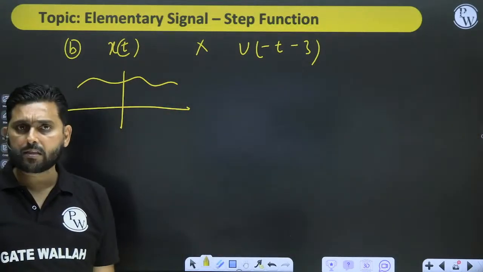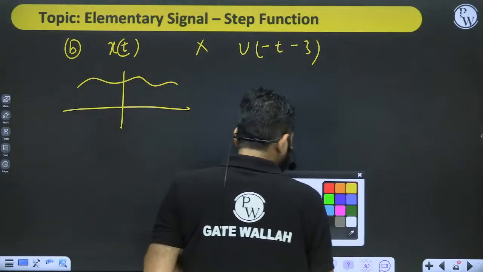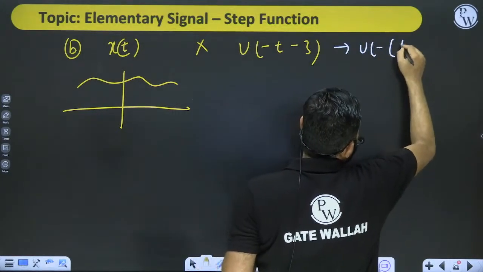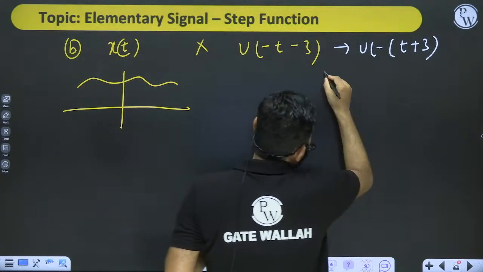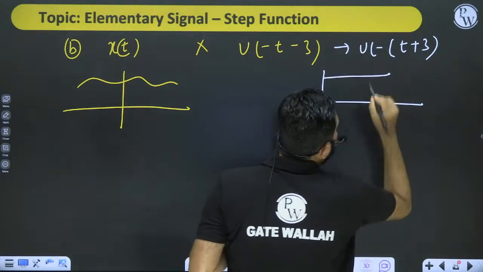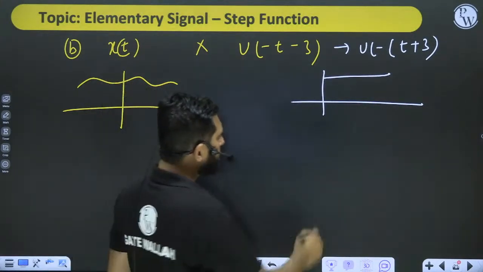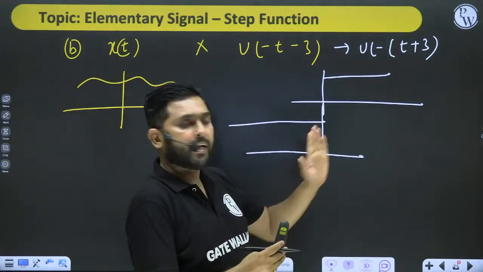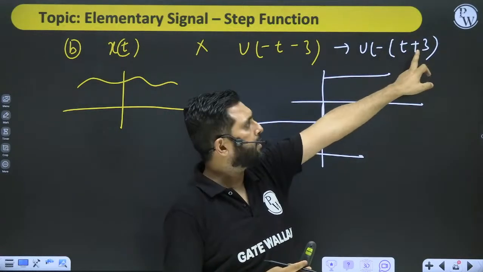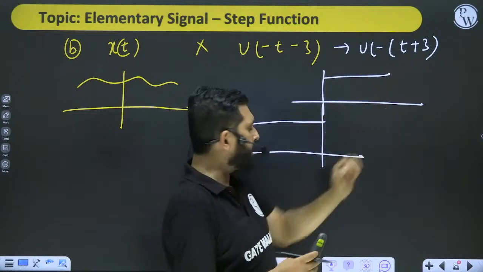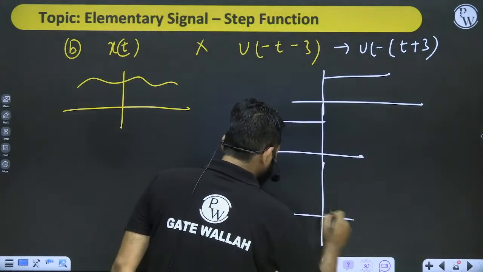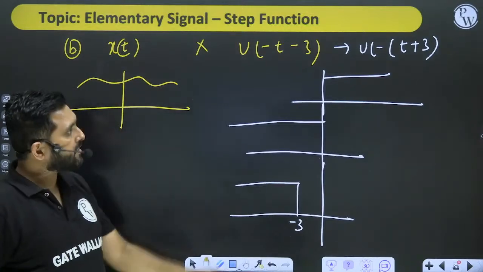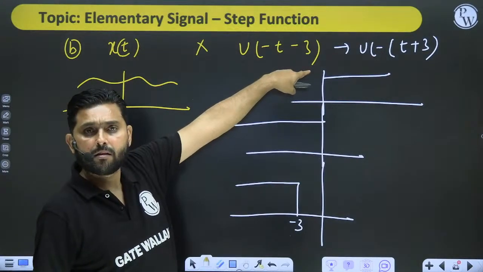What is the limit of existence? First plot u(minus t minus 3). First we have to take minus common: u(minus (t plus 3)). Start with u(t). First reverse, and then left shift by 3, since it is plus here. That's what u(minus t minus 3) is.